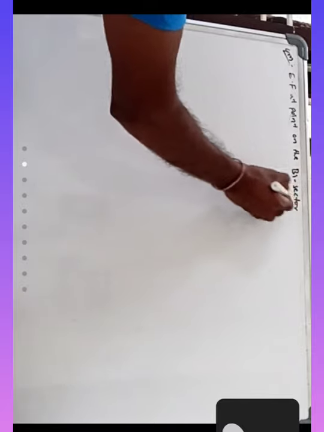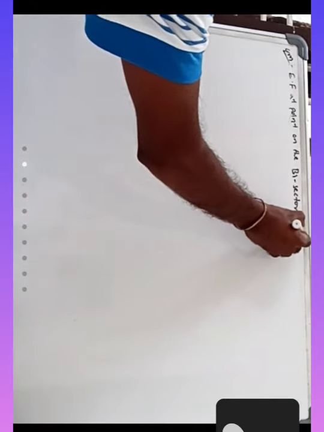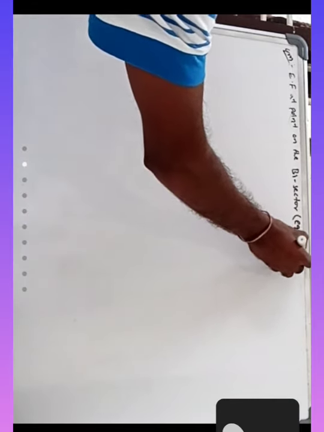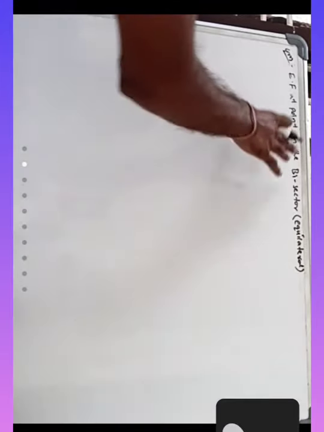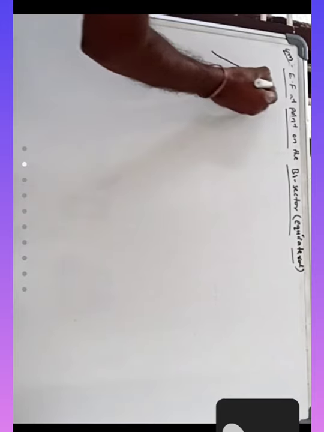Bisector, or another name is equilateral, or perpendicular bisector also. Equilateral line or bisector line. Equilateral means I am taking an equilateral triangle.